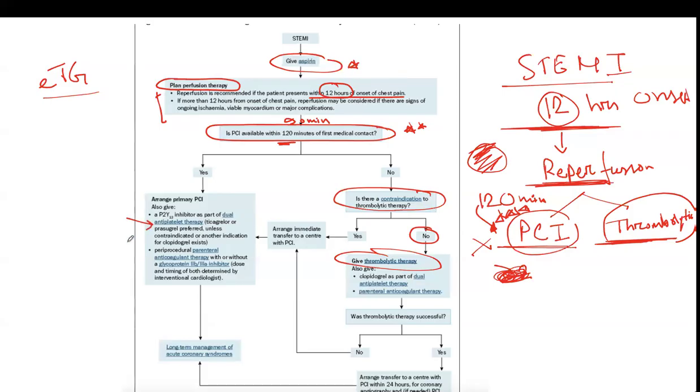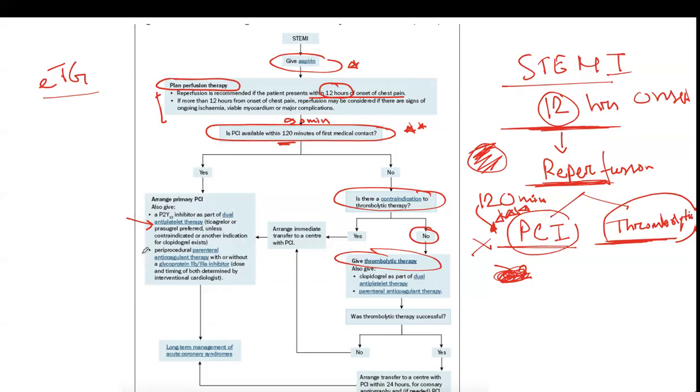It doesn't matter whether they are going for thrombolytics or for PCI, along with aspirin, they will also get another antiplatelet. The antiplatelet will be either ticagrelor, prasugrel, or most commonly clopidogrel. So any of these antiplatelets will be added.